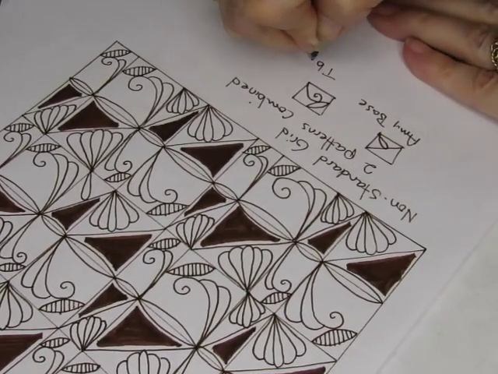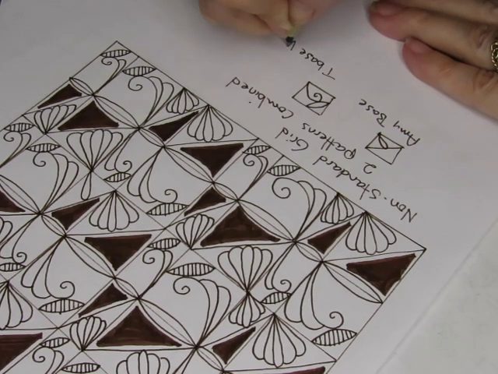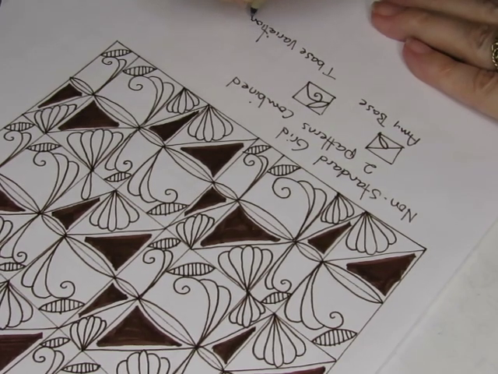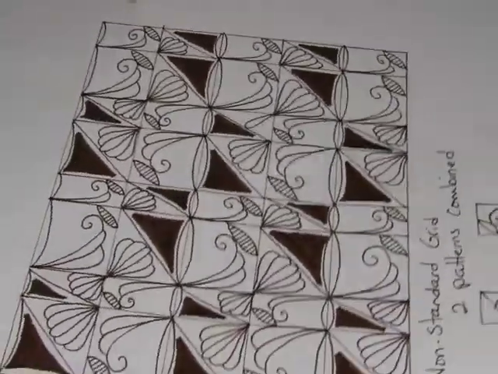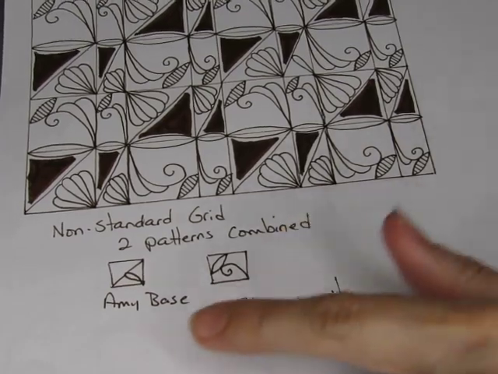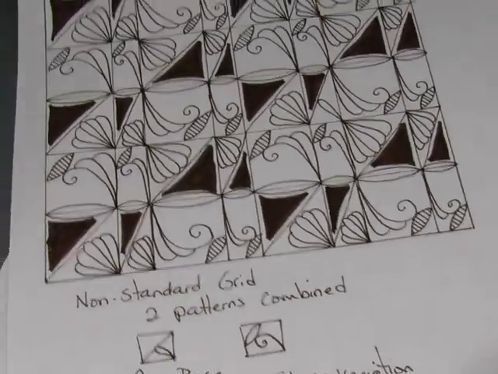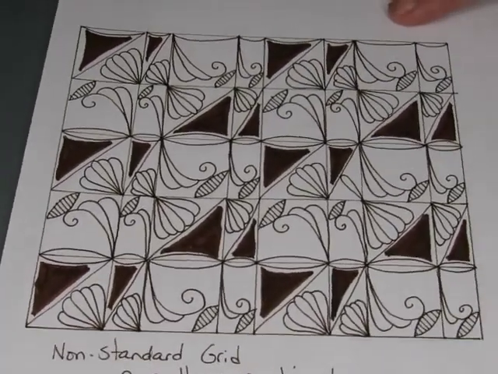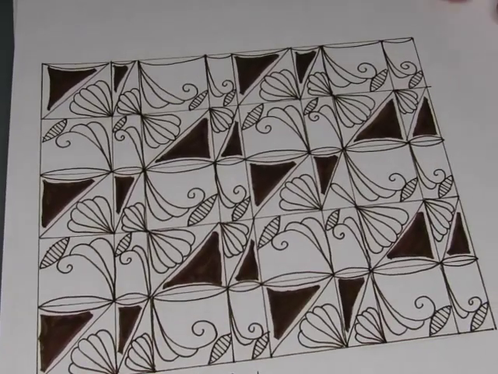T base. A T. Okay, so we did a non-standard grid with two patterns combined, Amy base and T base variation, and that's what we came up with. I think that came out really cool.